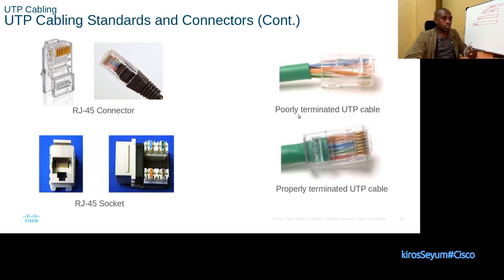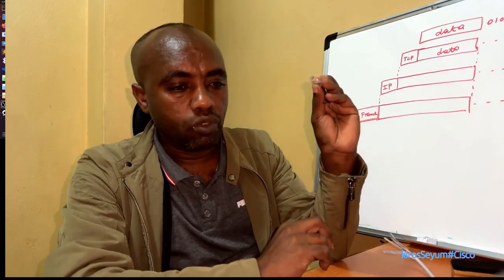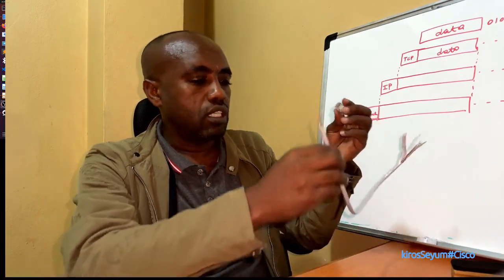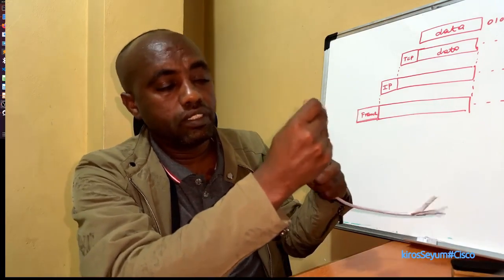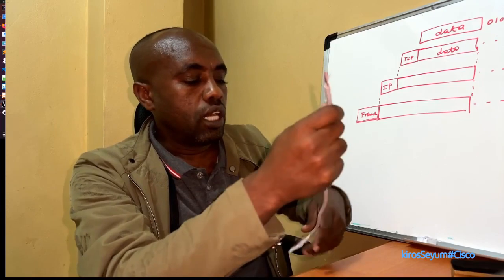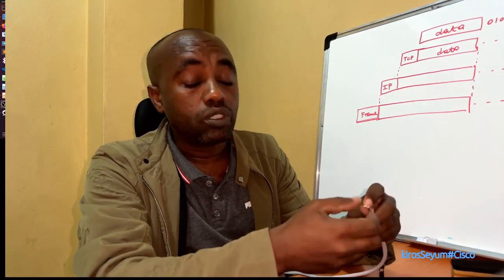So you see, we have the connectors, RJ45 socket and RJ45 connectors. This is the RJ45 connector, and this is the Cat 6 cable, and we have what we call RJ45 sockets.